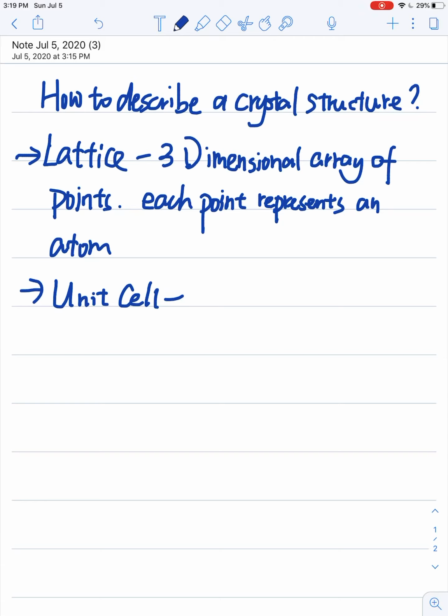All the building blocks, for example atoms, are the same, but there are different ways to put them together in space. The three different crystal structures we mentioned earlier, FCC, BCC, and HCP, actually represent three different types of unit cells. We're going to mention more details about unit cells later.